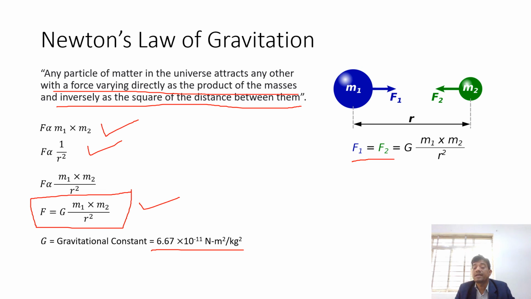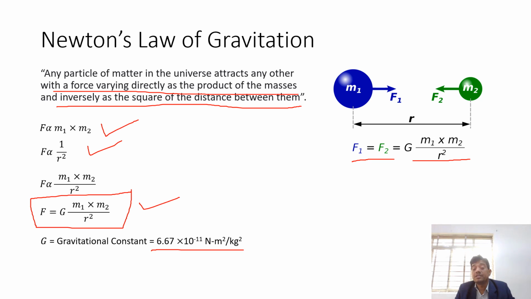F1 equal to F2, and that must be equal to G M1 M2 by R square, because in both cases the force is between the two bodies, right? That's why the product of the two masses should be taken. You cannot say that for F1 there is no M2. That's why these two forces, F1 and F2, acting on the two bodies are equal and opposite to each other, like an action reaction pair, right?